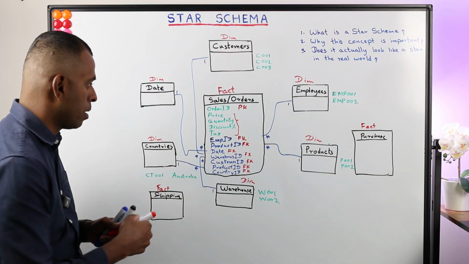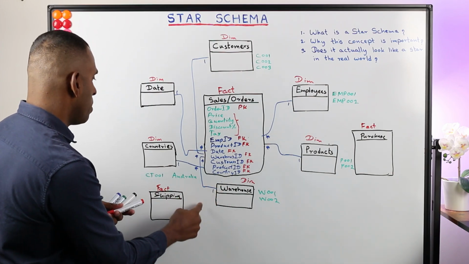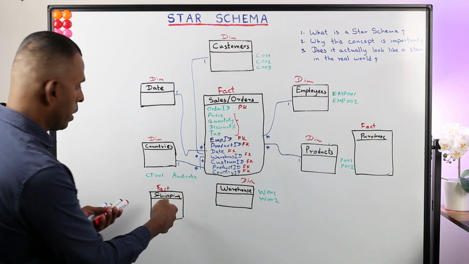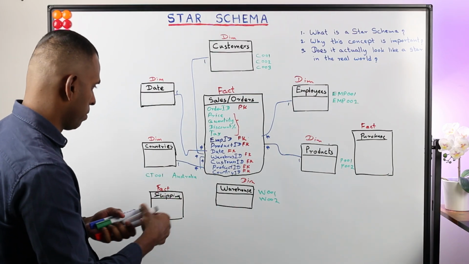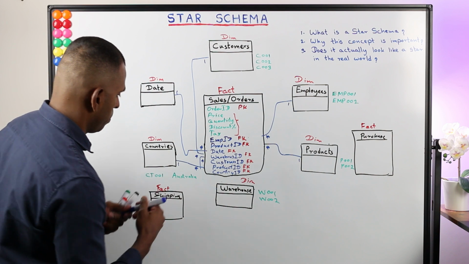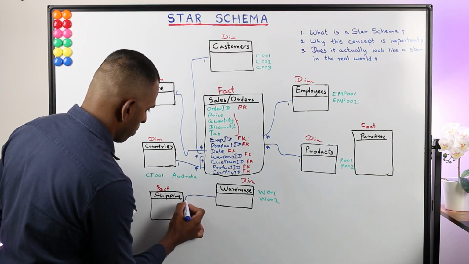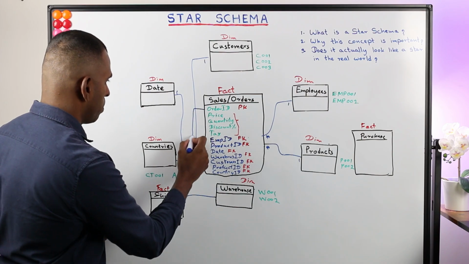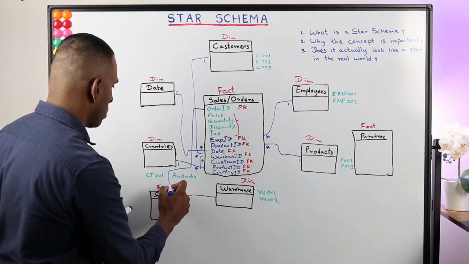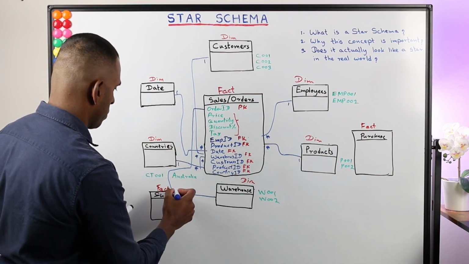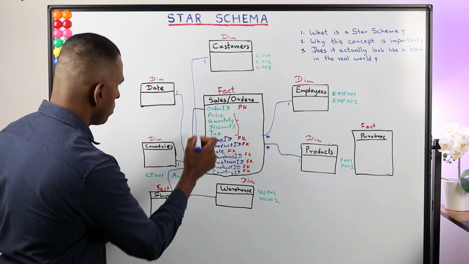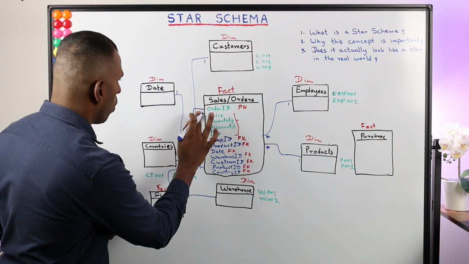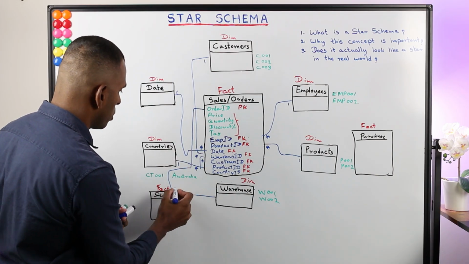When there's a shipping table, the warehouse can be connected directly to the shipping table, and the shipping table can be connected to the sales order. One order can ship many times.